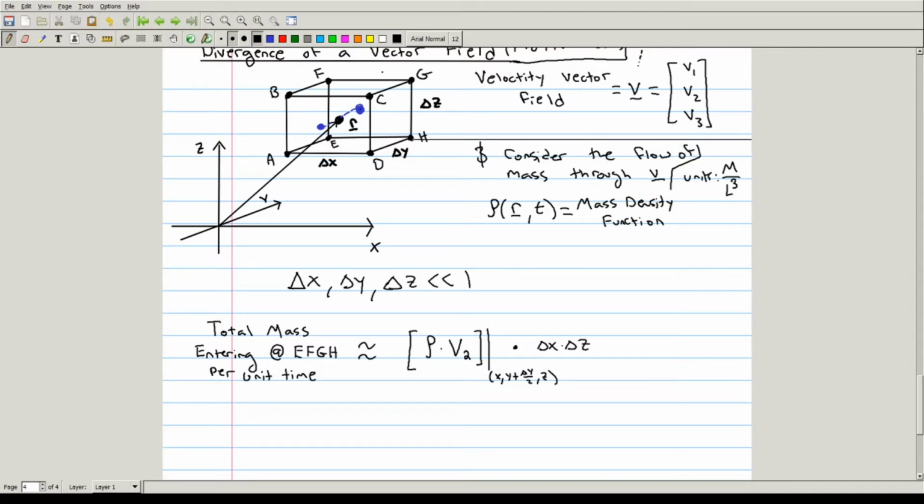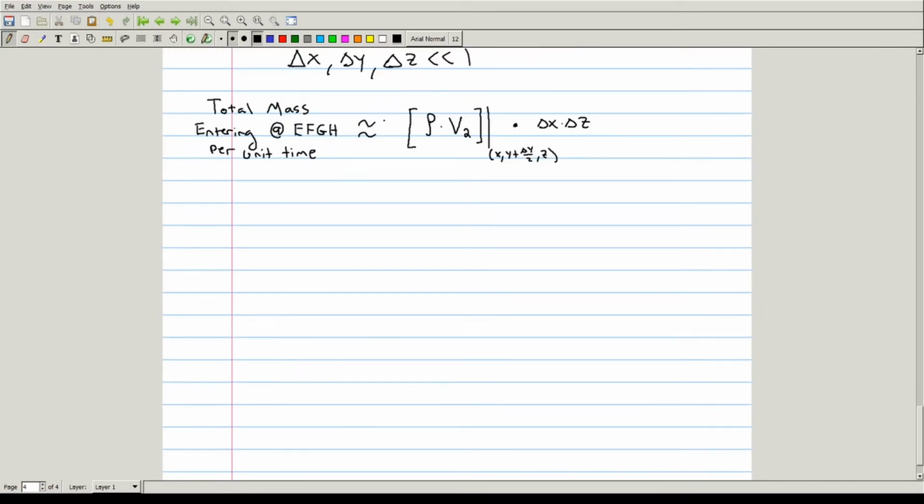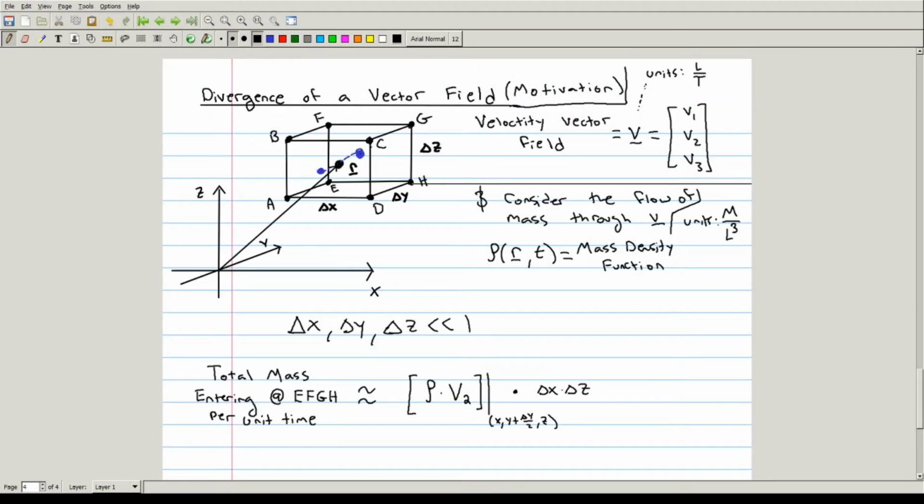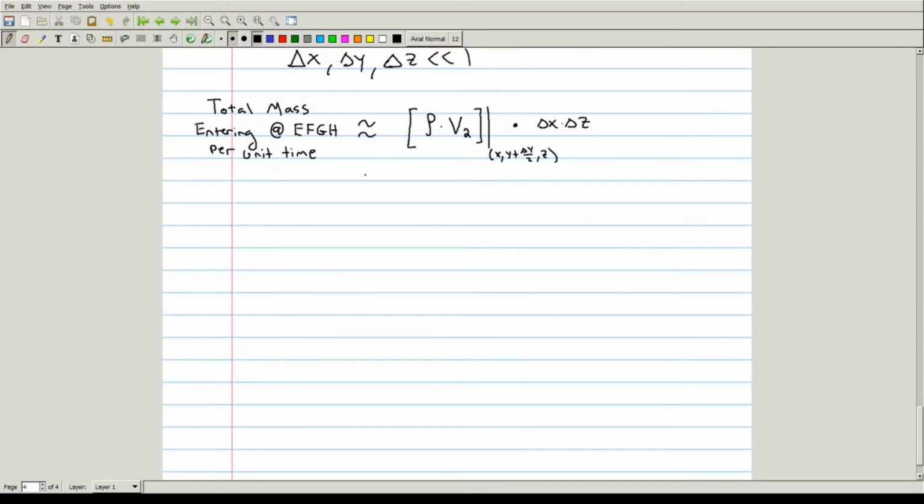So we have an expression for the total amount of mass entering at this back face. We want to get an idea of the total amount of mass leaving the front face, so leaving A, B, C, D at this point right here. This is, again, per unit time.